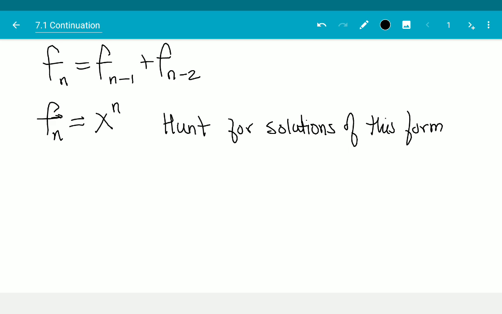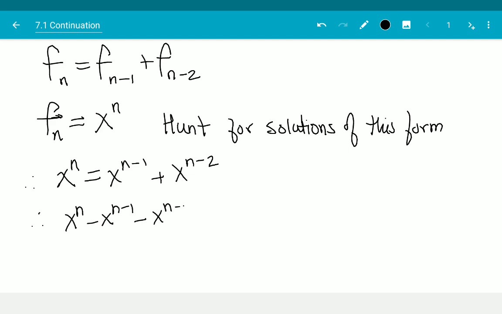Okay. In that case, what we get is x^n is equal to x^{n-1} plus x^{n-2}. Therefore, x^n minus x^{n-1} minus x^{n-2} is equal to 0. Therefore, x^{n-2} times (x^2 - x - 1) is equal to 0, right?